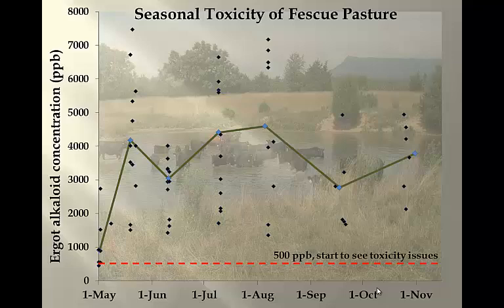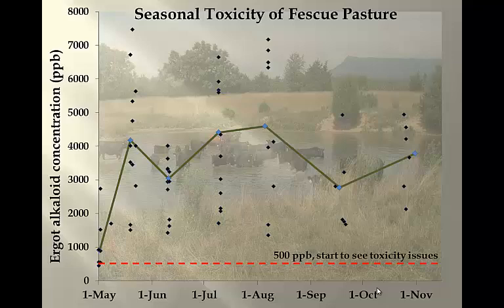So this was our average. These black dots represent all of the individual sample points that we took. So for example, I know that this dot right here is McCormick Farm rotationally grazed pasture on October 17th. So each one of these points is an individual sample.